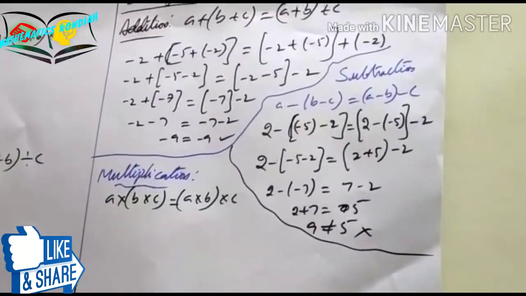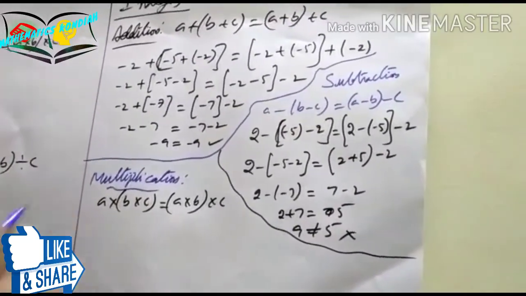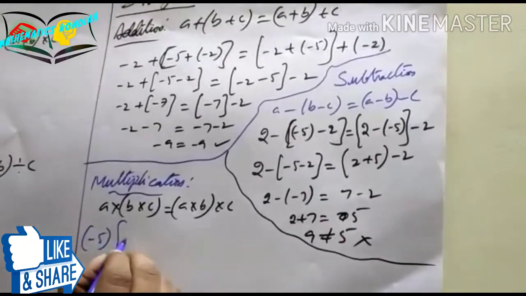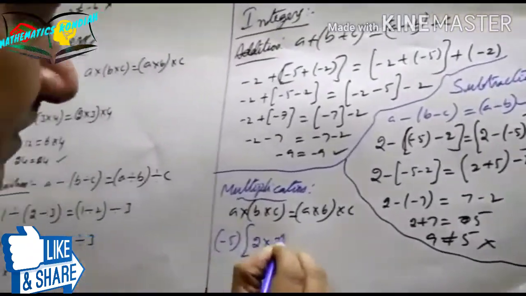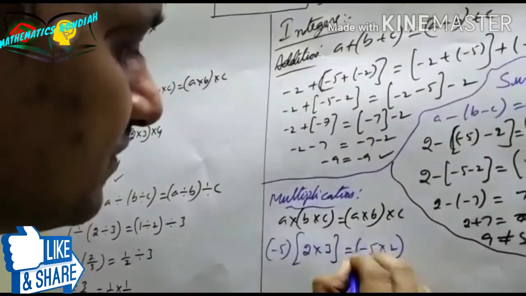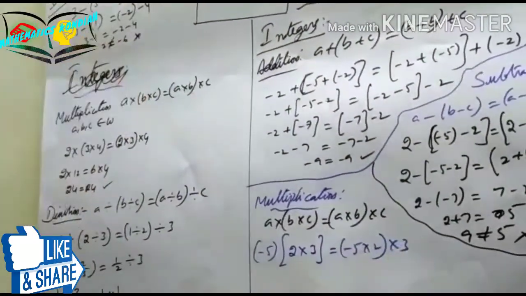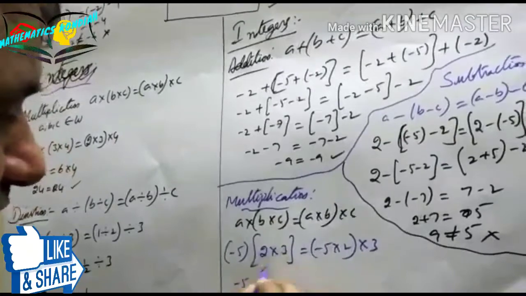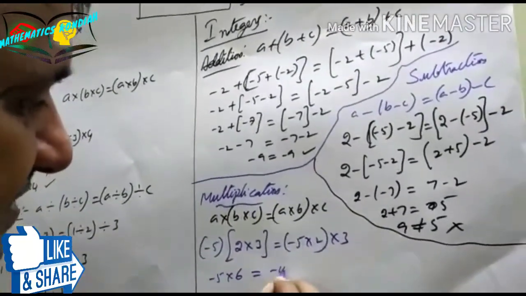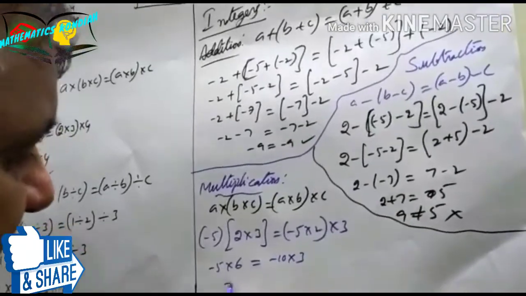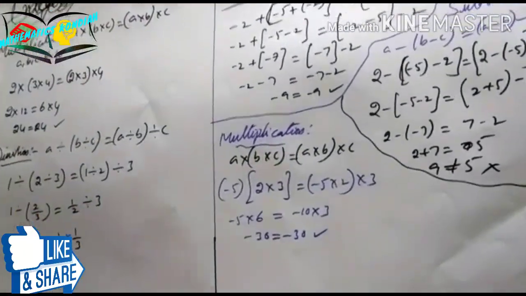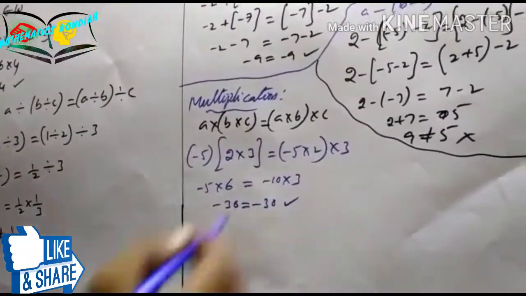You take any integers and replace them. Therefore, minus 5, 2, 3: (-5 × 2) × 3 is equal to -5 × (2 × 3). 2 into 3 is 6, and minus 5 twos are minus 10, into 3 is minus 30. So minus 30 is equal to minus 30. Okay, satisfied. Under multiplication, the associative property is satisfied.